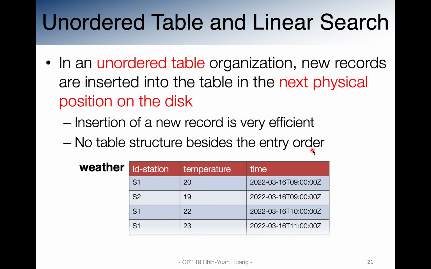Just for example, this is a table of weather data. The first attribute is the ID of the station, the second attribute is the temperature reading in Celsius, and the third attribute is the time of those readings. This is an older table, which means the new records come at the bottom and the older ones are on the top.